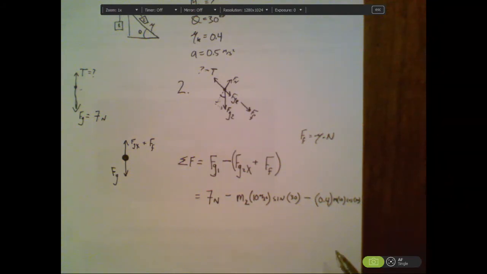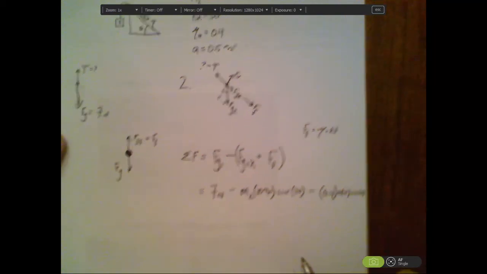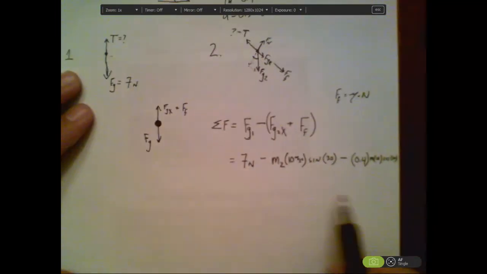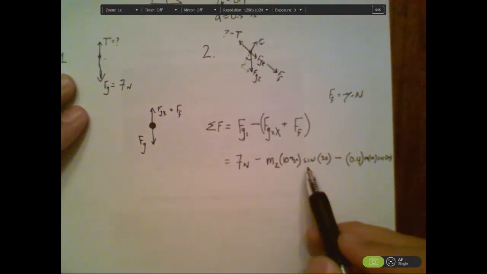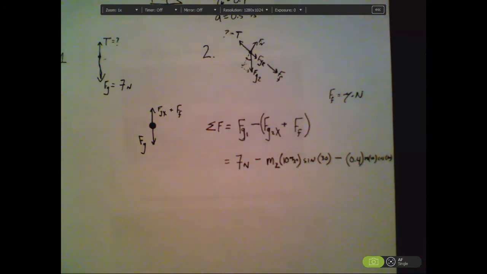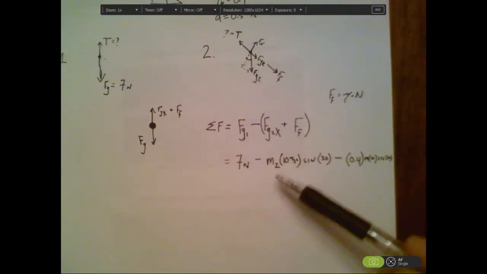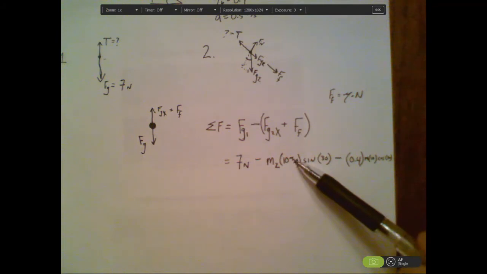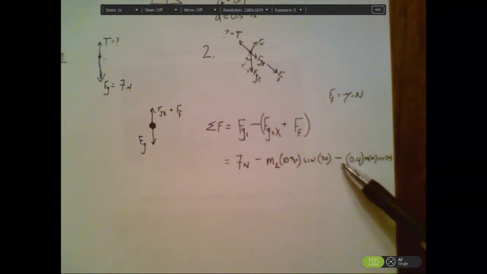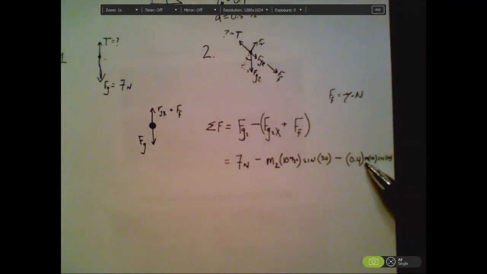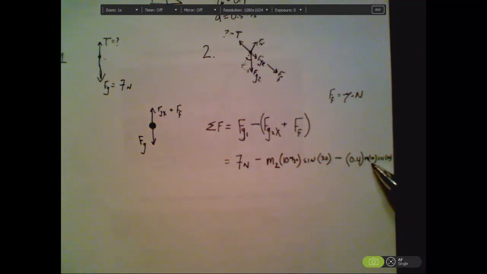So now we can figure out the net force. This is going to be good because it's what we're going to use in the end, just like with the pulley. I ran out of room, sorry that got so small, let me read it to you. 7 newtons minus mass 2 times acceleration due to gravity times sine of 30, minus 0.4, which is our mu, times mass 2 times 10, again the force of gravity on 2, times cosine of 30.